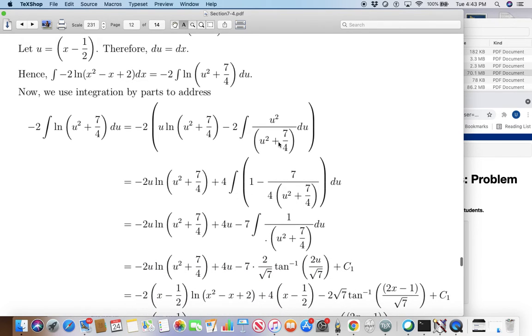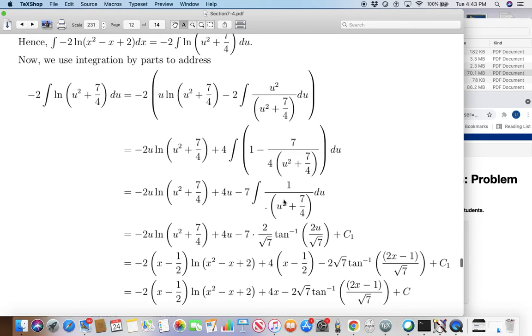And over here, you are basically reducing. This is a rational function. You're reducing, either long division, or you can simply detect what's going on. U squared plus 7/4 minus 7/4, that's the numerator, and that gets me 1 here. Either do long division or eyeball it. At the end, this gives me tan inverse or arctan.